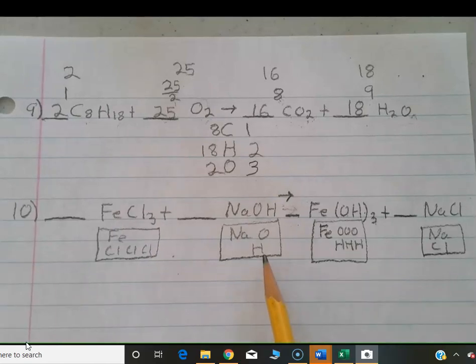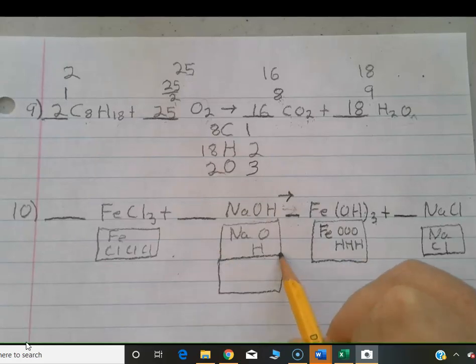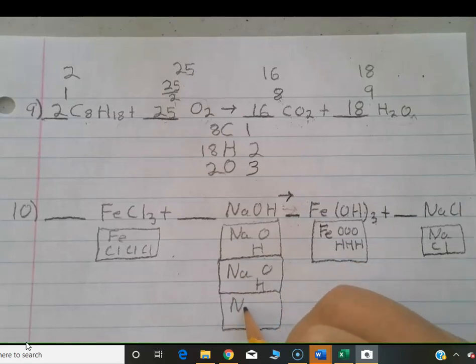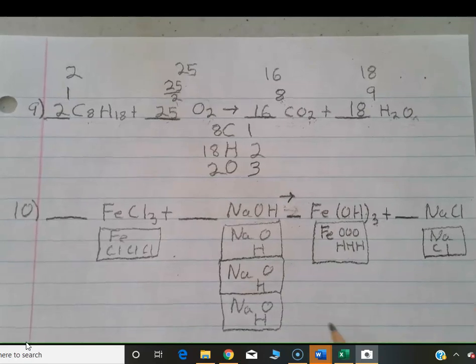Okay, so I've got 1 there and 3 there, so I need to add 3 boxes here. All right, so hydrogens are in balance, and it also happens that oxygens are in balance, if you see that right there. Iron is already in balance, so let's go to chlorine.